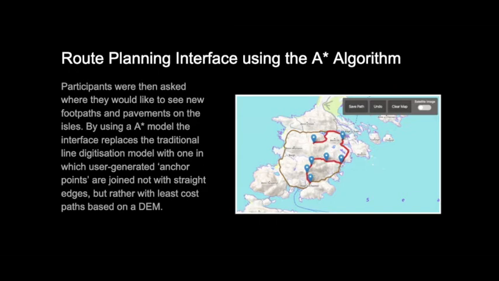This could easily be replaced with a different data set if you wanted to explore a different question where elevation didn't have an impact. In this instance, the least cost paths follow the easiest route to walk, whilst also avoiding impassable objects such as water and sharp drops, so they don't just disappear into the sea, enabling participants to draw more complex and realistic routes without any additional skill being required.